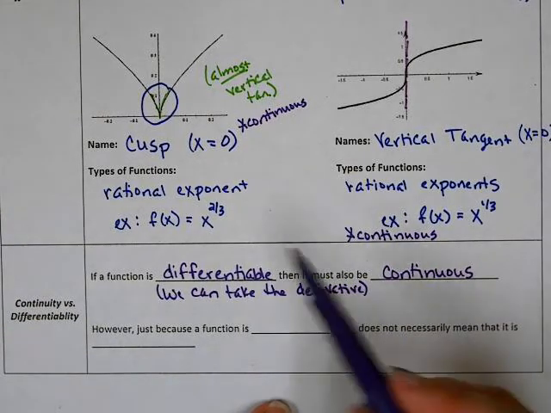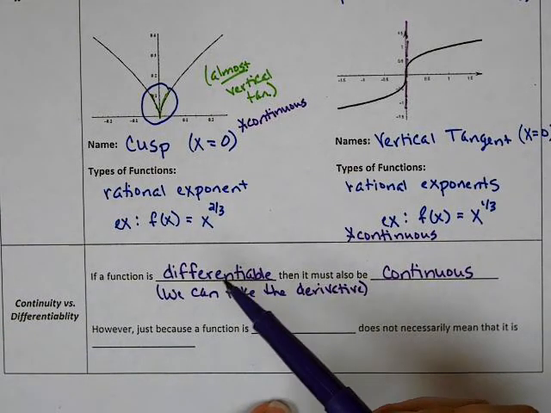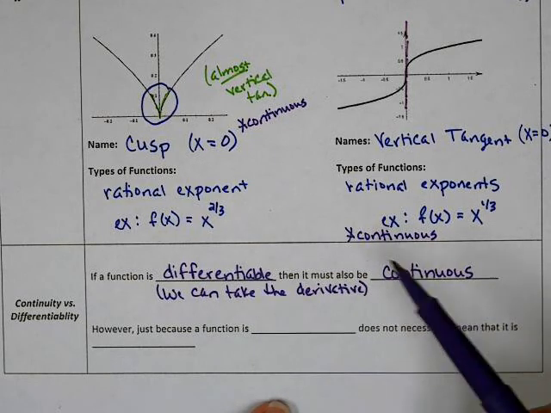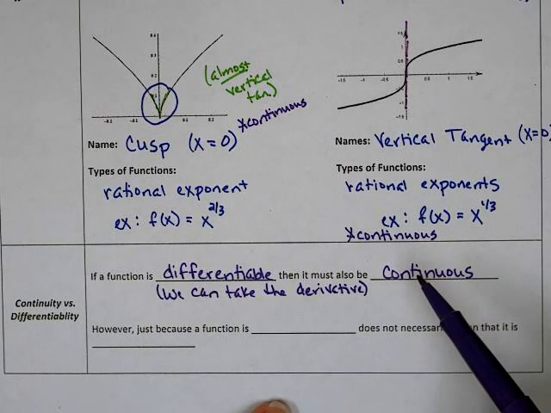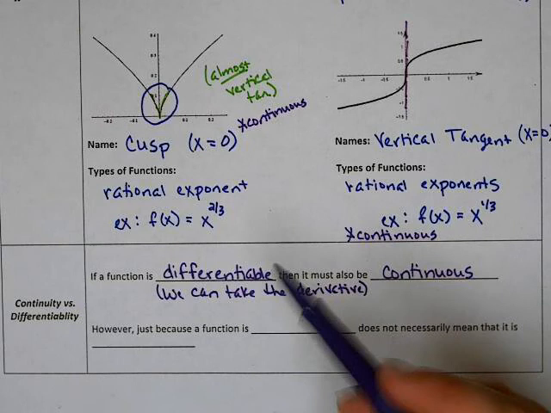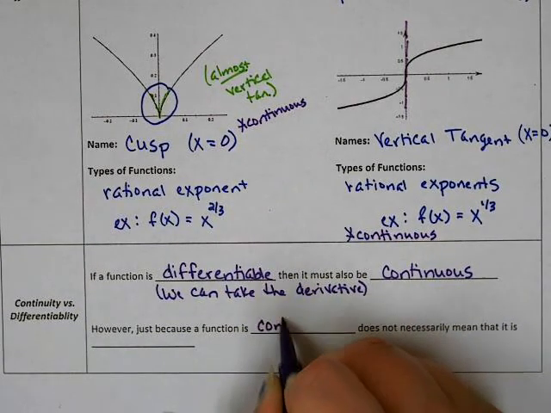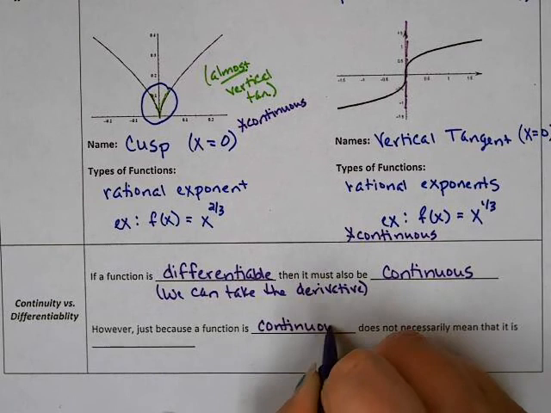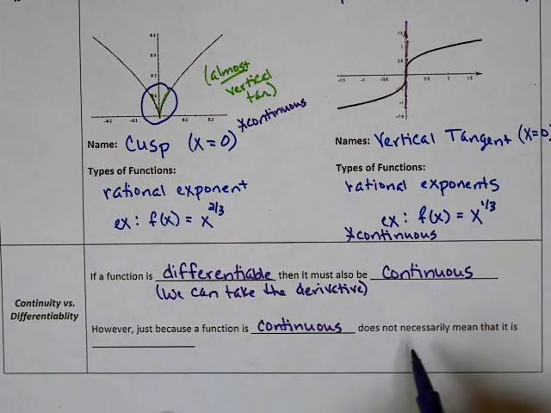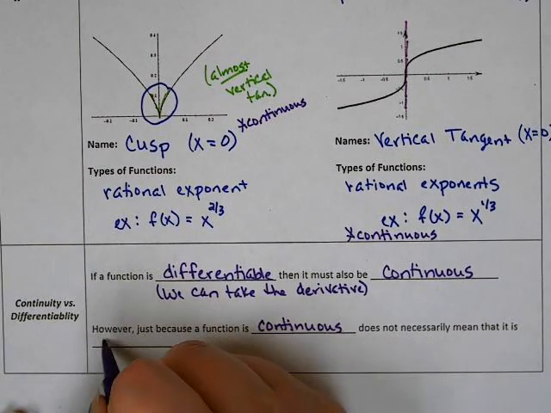So anytime I tell you that a function is differentiable, you know then that that function is continuous. However, just because a function is continuous does not necessarily mean that it is differentiable.